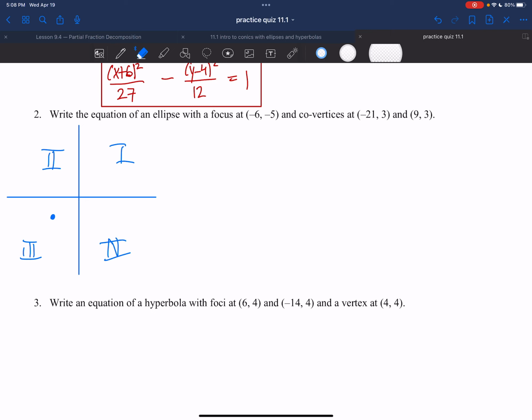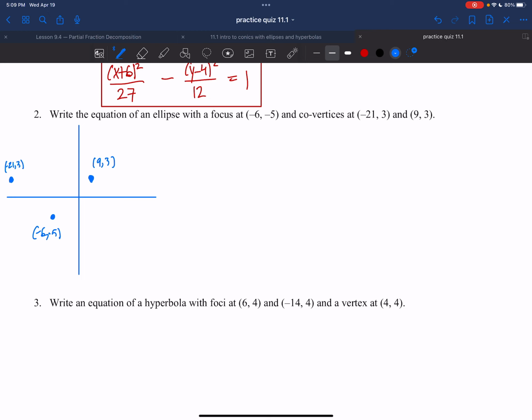And then the last point, 9, 3. I do want this to look sort of symmetrical, so about right there. Okay, and that's what those points are. This is negative 6, negative 5. This point's 9, comma 3. This point's negative 21, comma 3.